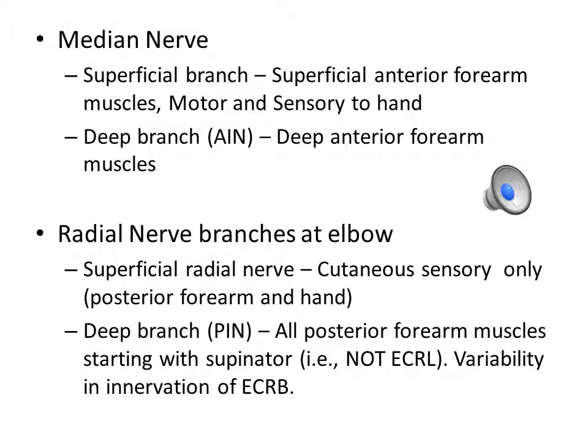The radial nerve branches at the elbow into the superficial radial nerve and the deep branch called the posterior interosseous nerve. The superficial radial nerve provides cutaneous sensation to the posterior forearm and hand. The superficial radial nerve does not provide any motor function.